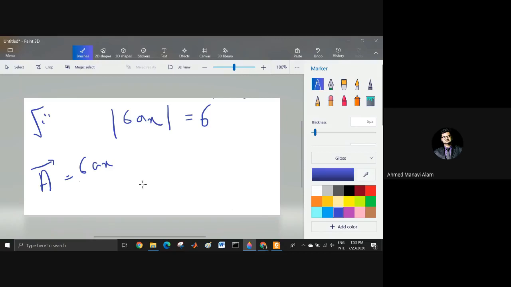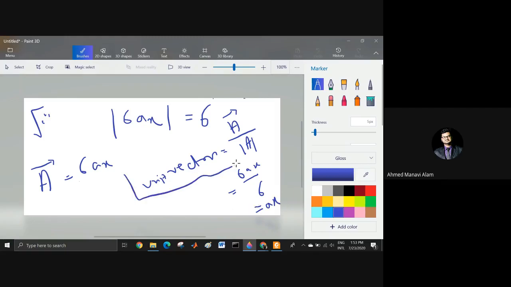So the unit vector is the vector quantity divided by magnitude. So the vector quantity is 6ax, magnitude is 6, so the unit vector is ax. Now do you understand? The unit vector is the vector quantity divided by its magnitude. Did you understand or not?